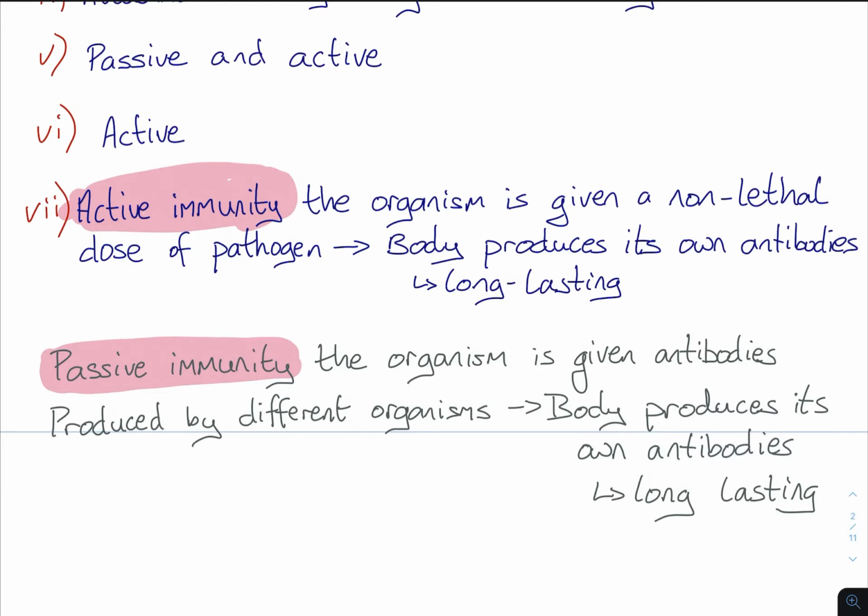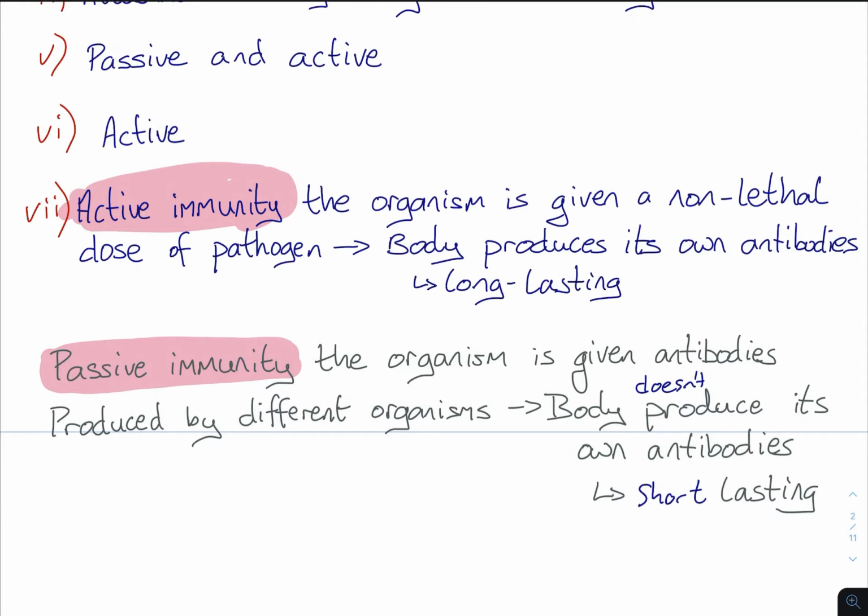So the body does not produce its own antibodies, and therefore it is going to be short lasting because there are no memory T cells present. So active immunity is long lasting, passive immunity is short lasting.